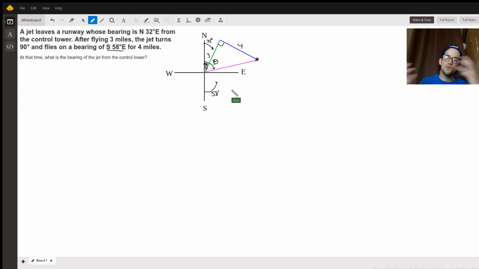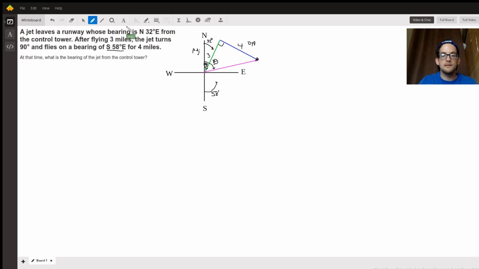Think back to our trig ratios: which ratio would relate the two values I have, the 3 and the 4? If I'm looking at theta, the 4 is my opposite side, the 3 is my adjacent side. The ratio that connects those is tangent.